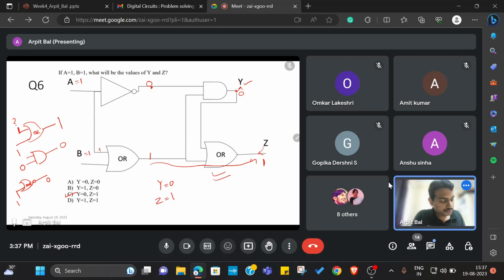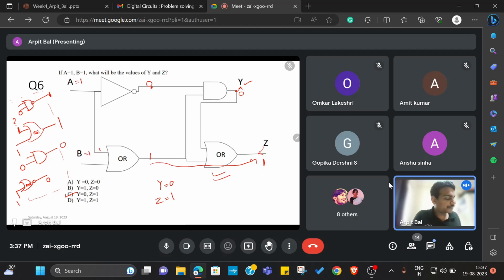Similarly, for a NAND gate, if any of the values is 0, then the output will be 1. Remembering these things will help you solve bigger circuit problems in a very easy manner.